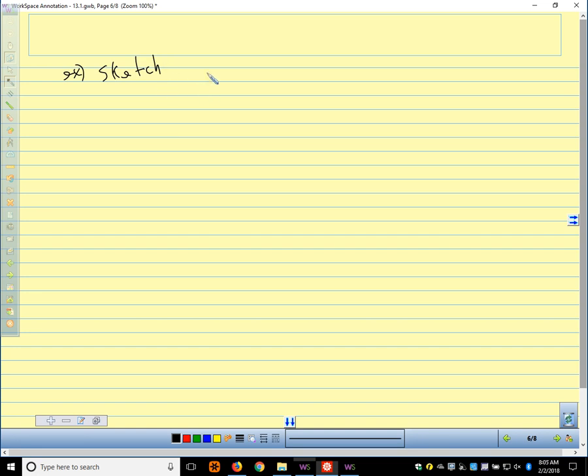All right, let's sketch the level curves of f of xy equals natural log of x minus y. And for this problem, we're going to say c equals 0, plus or minus 1/2, plus or minus 1, dot, dot, dot.